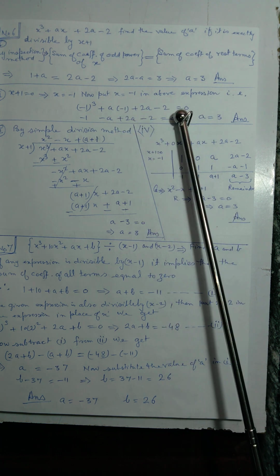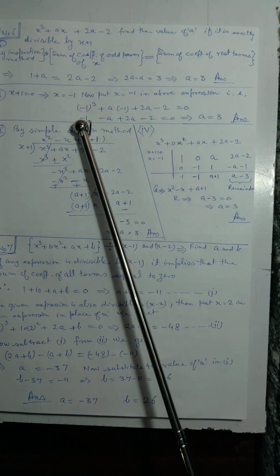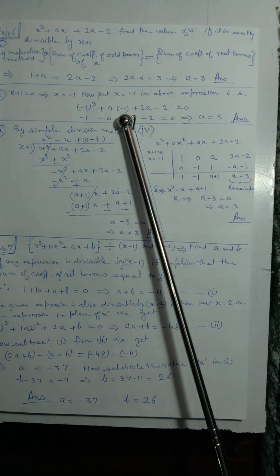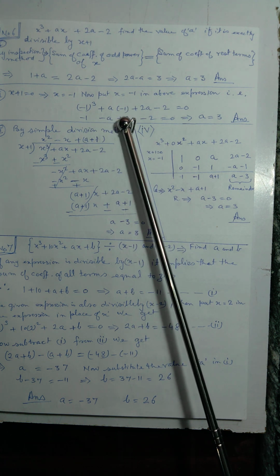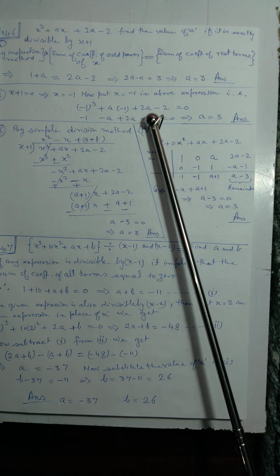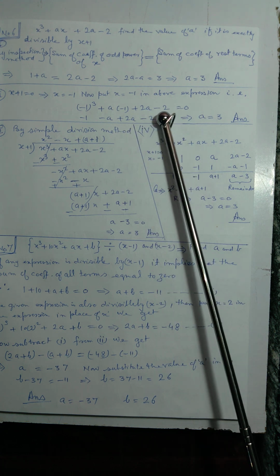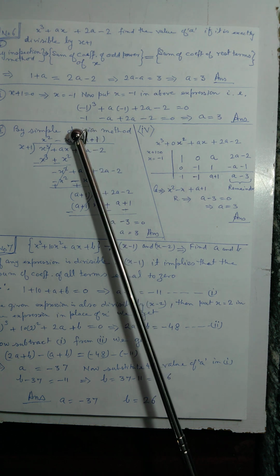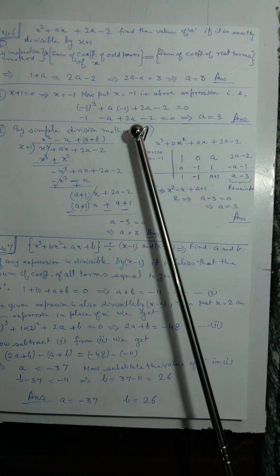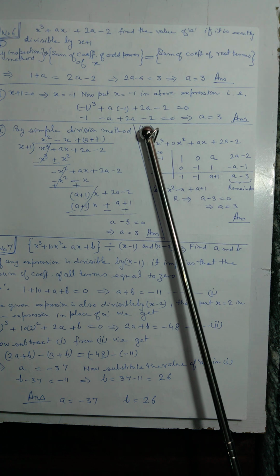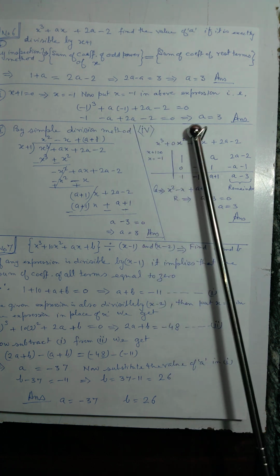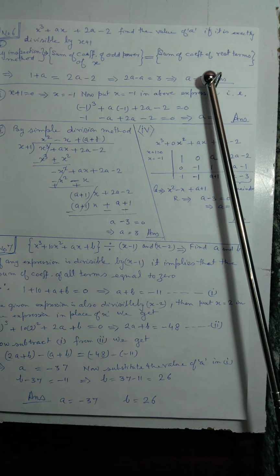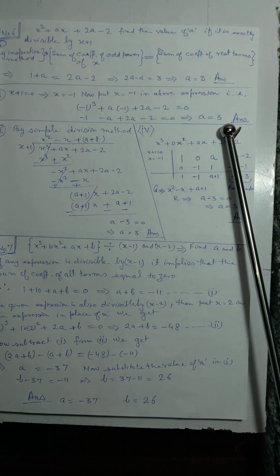If it comes to 0, it means, now substitute minus 1 raised to power 3 plus a into minus 1, plus 2a minus 2 should be equal to 0. Now you see here, it will be minus 1, minus a, plus 2a, minus 2. So after solving, you will get a is equal to 3 again. In this case also, it was already proved that a is equal to 3.